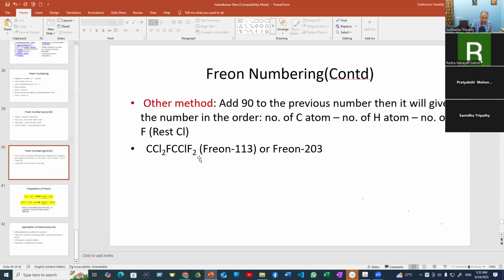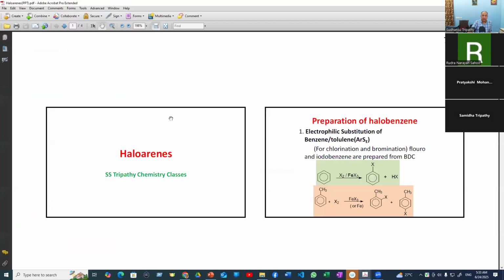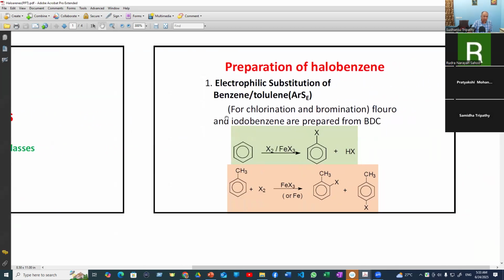So this is all about our haloalkanes program, but we will take another 10 minutes to start the interesting aspect of chlorobenzene, haloarenes. So without wasting time, we now see, Samidha, haloarenes is nothing but chlorobenzene.